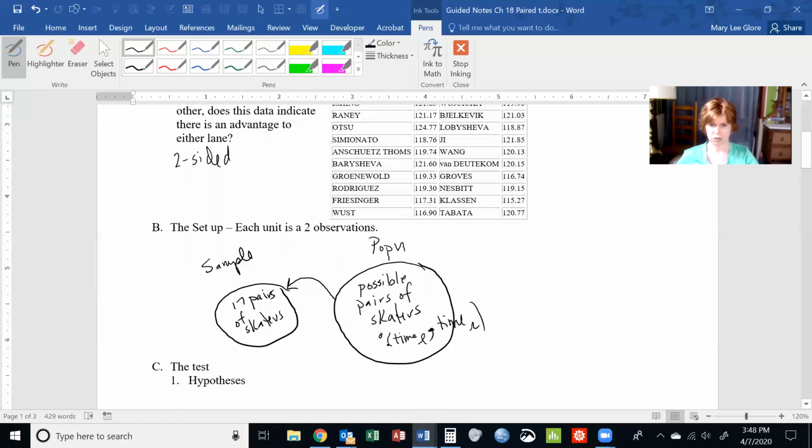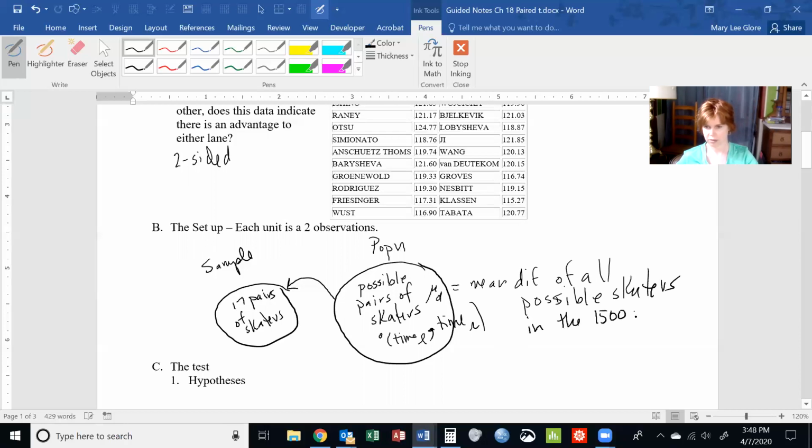The mean difference, mu d, is the parameter of interest. This mu d is the mean difference of all possible skaters in this race, in the 1,500 meter ice skating race.